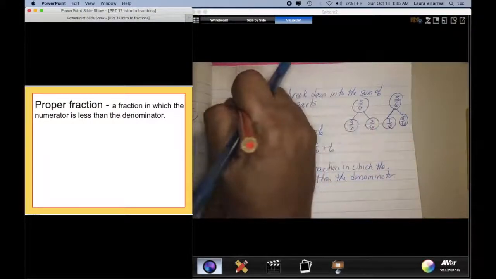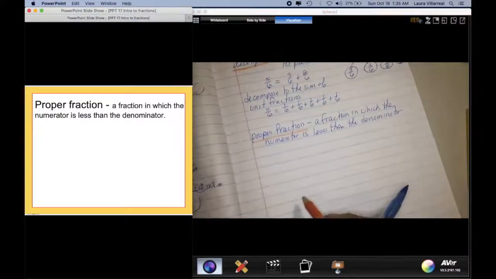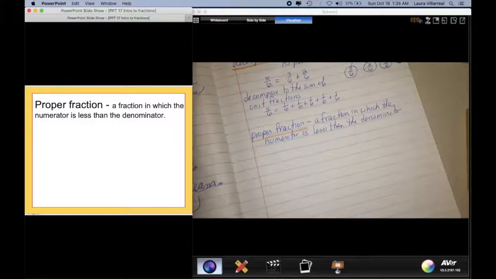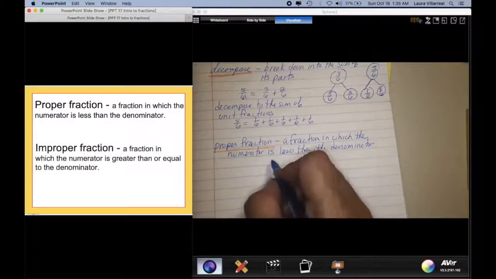We'll go through and highlight our key terms. An example of a proper fraction would be 2/3.